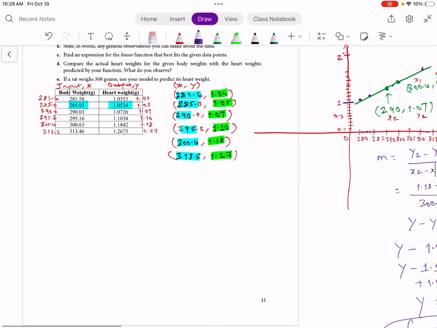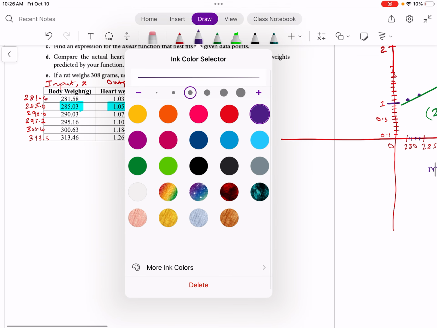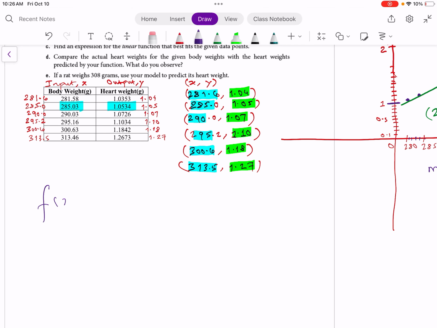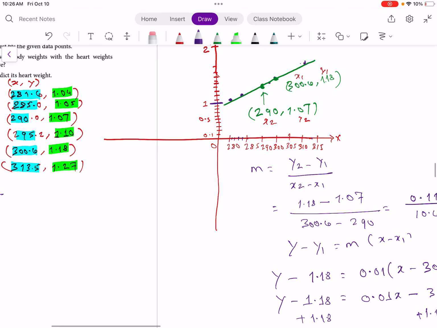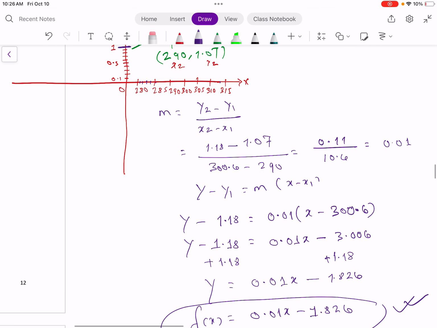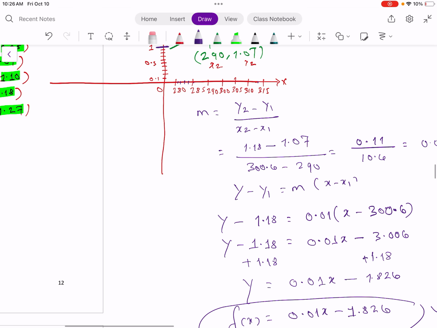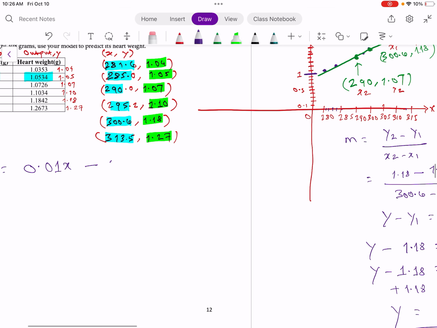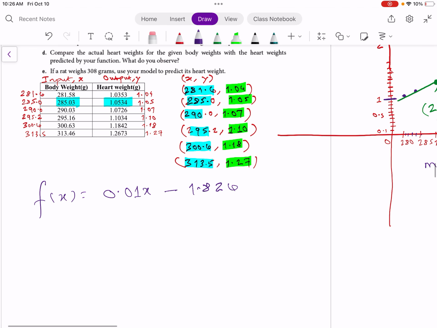Here, our function is f of x equals 0.01x minus 1.826. Now let's find a heart weight for each body weight using this function.